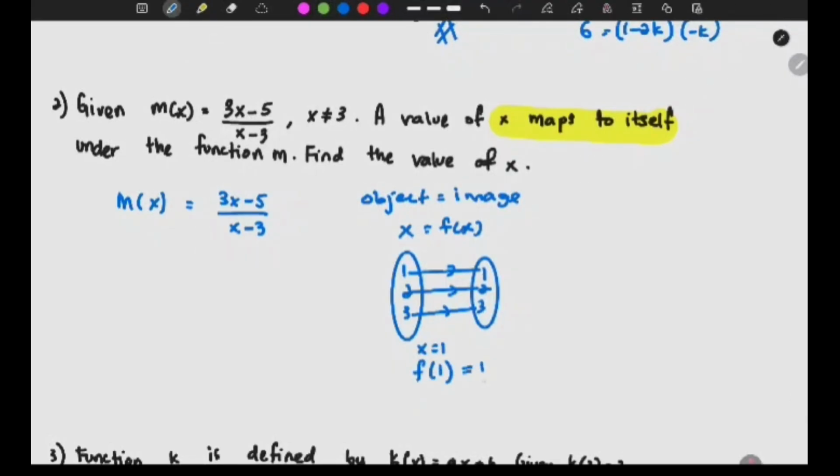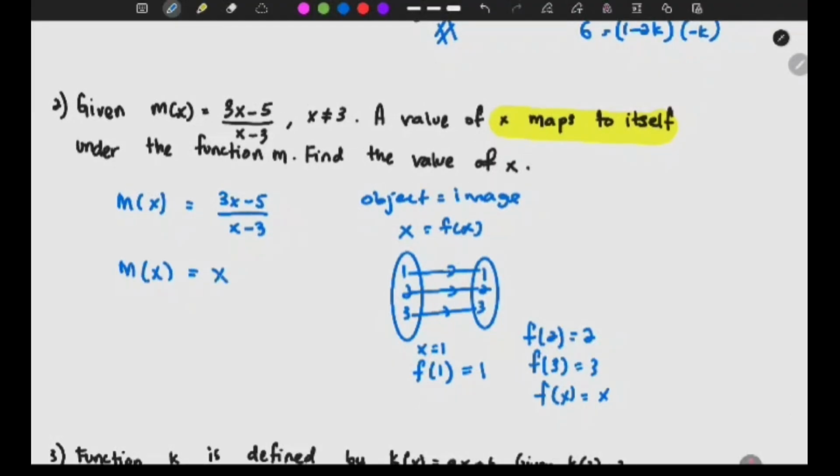This time, you're not using f(x), you're using m(x). M(x), you will get back the x. Get the idea? I hope you guys get the idea. I just put it here.